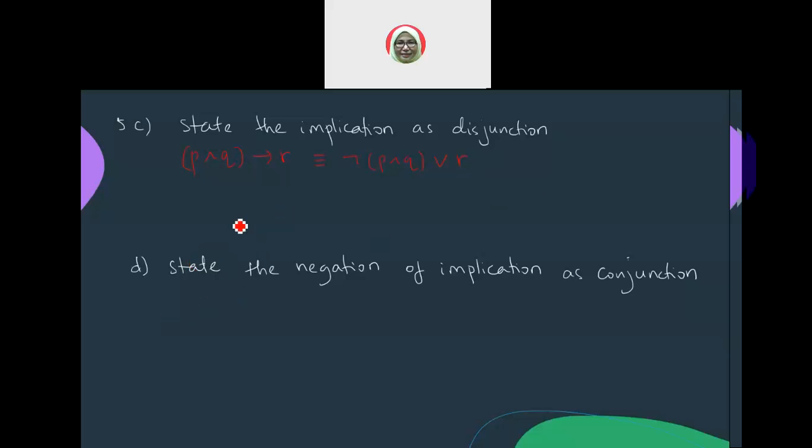Next one, write in words. Translate this as not P or not Q, or R: I'm not happy today, or I do not wake up early, or I go for cycling.